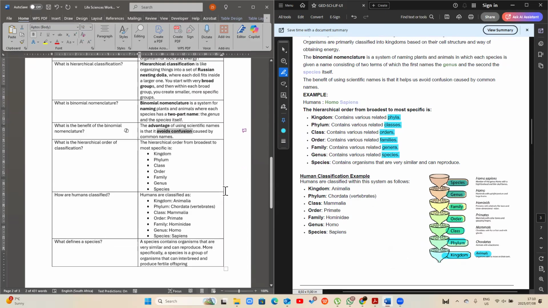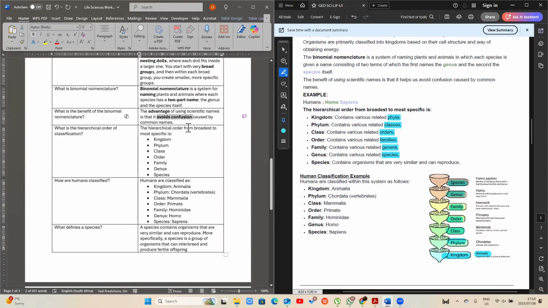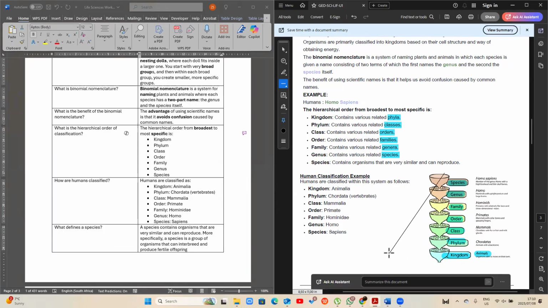So, like I said, the hierarchical system is an order. It orders living organisms from the broadest spectrum to the most specific spectrum. So you can think of it as a triangle as well, or a little pyramid.